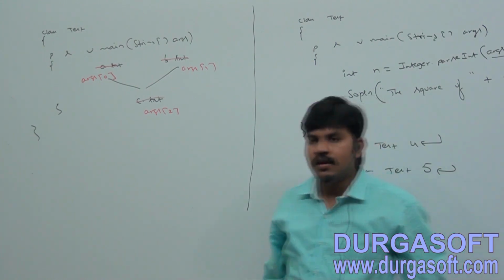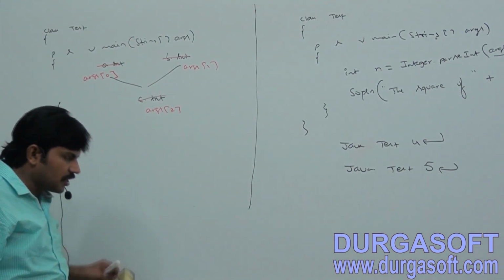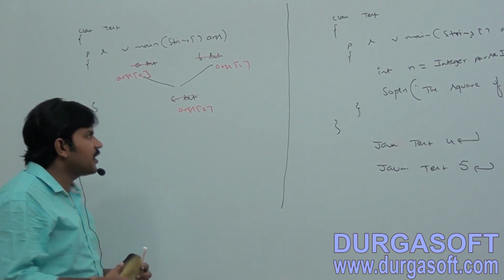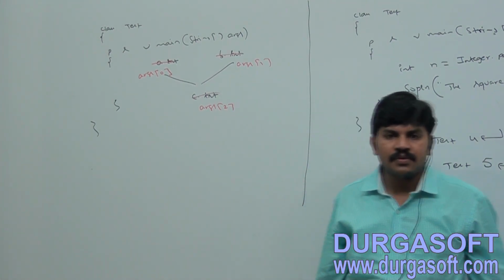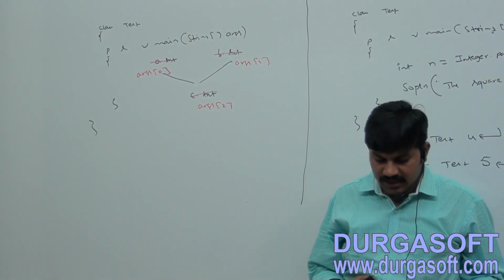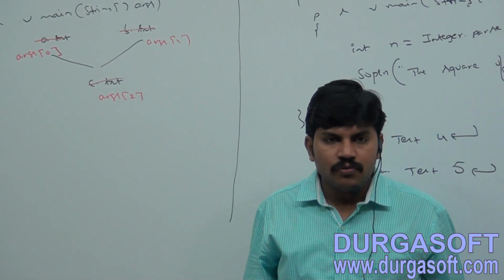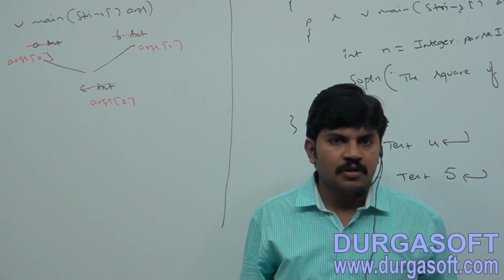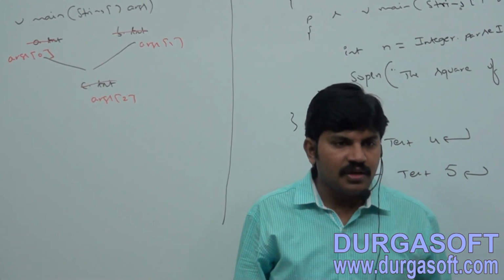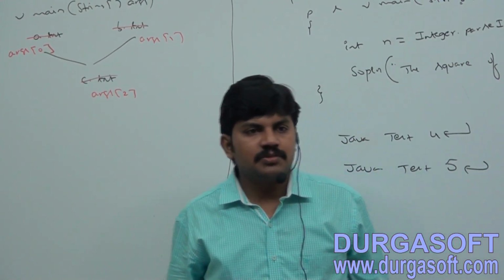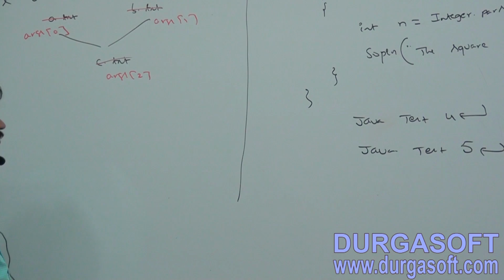Okay, the main objective of command line arguments is we can customize the behavior of the main method.